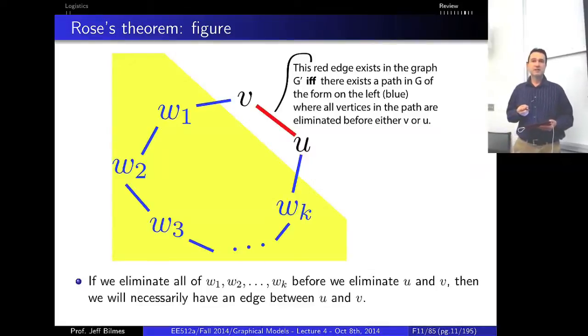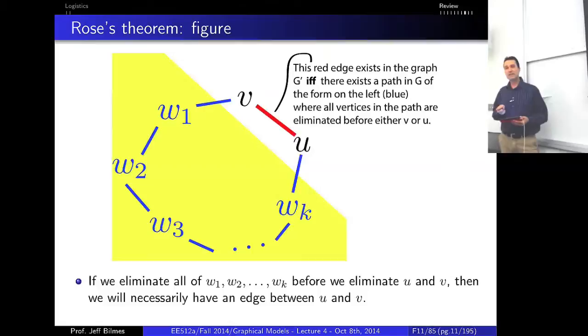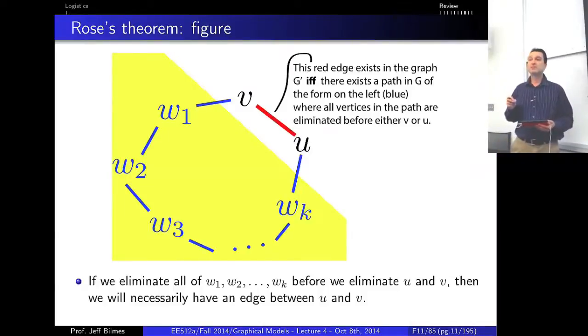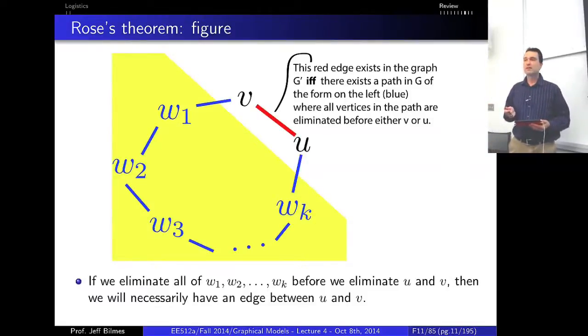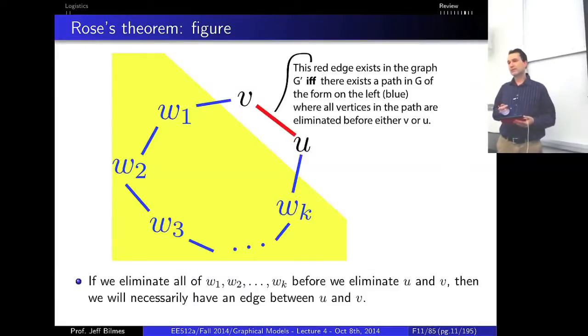That red edge exists in G prime if and only if in G, the original graph, there exists a path between V and U consisting of vertices that have been eliminated before either V or U. So if all the stuff highlighted in yellow is eliminated before the vertices incident to the red edge, then that red edge will necessarily exist.